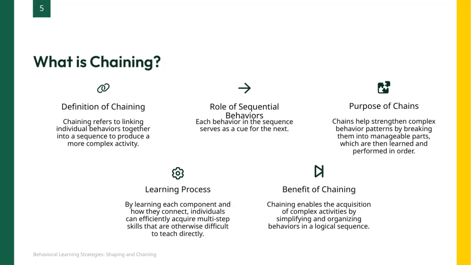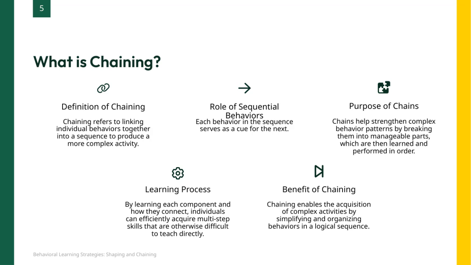Chaining is all about linking individual behaviors together to form a sequence that results in a more complex activity. Think of it like building a chain, where each behavior acts as a link. What's important here is that each action in the sequence serves as a cue or trigger for the next one, helping keep the flow going smoothly. The main purpose of chaining is to break down complex behaviors into smaller, more manageable parts. This makes it easier for individuals to learn and perform these behaviors in the correct order.